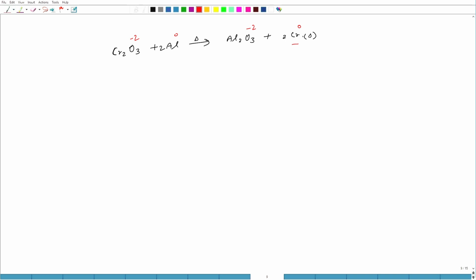Chromium we can calculate, it will be +3, and for aluminium here it is +3. Now, you will see which element is getting oxidized or reduced: chromium goes from +3 to 0, and aluminium goes from 0 to +3. This is oxidation.